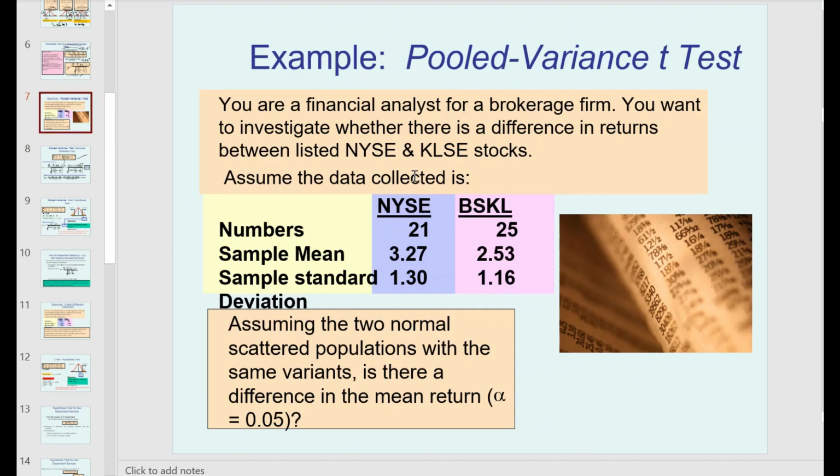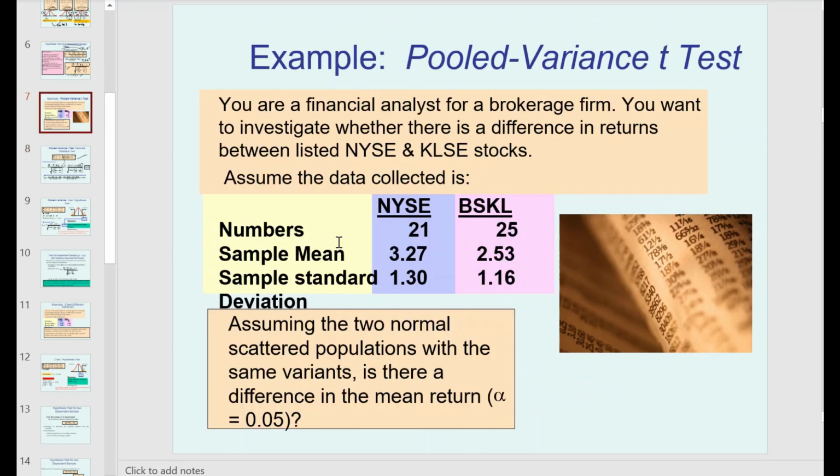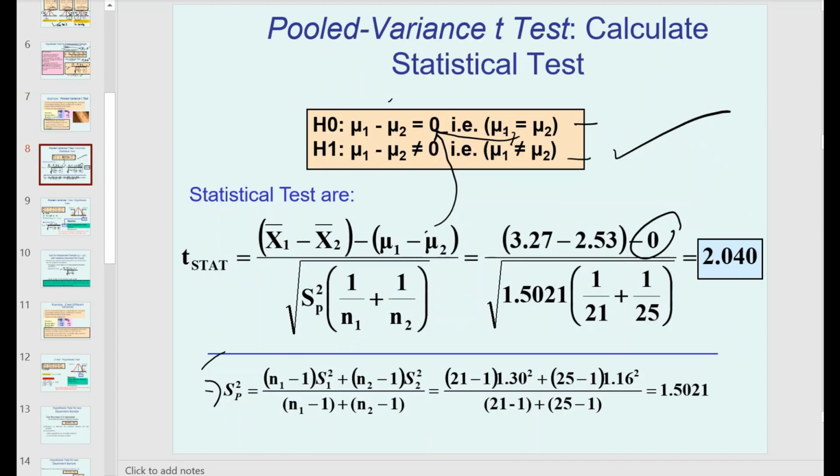We assume this as sample 1 and this as sample 2, and you plug in here. The 21 here you also get from sample 1. Same goes for BSKL. Then you just plug it into this formula for each sample, so at the end you'll be getting the value of 1.5021.